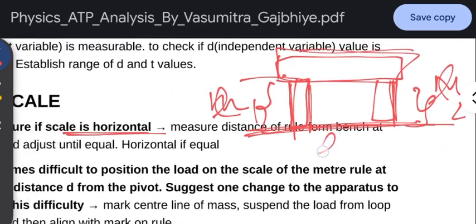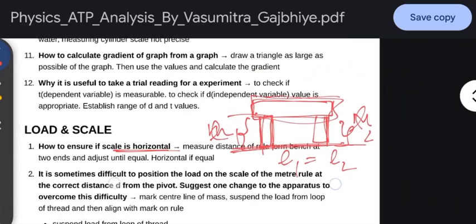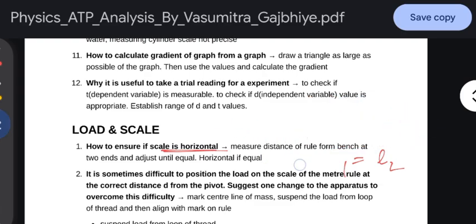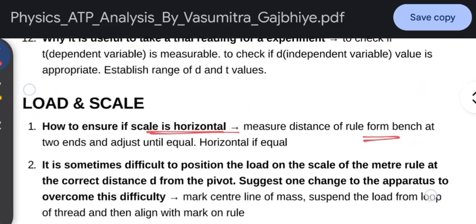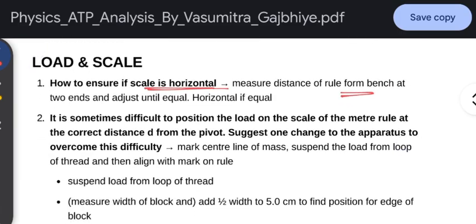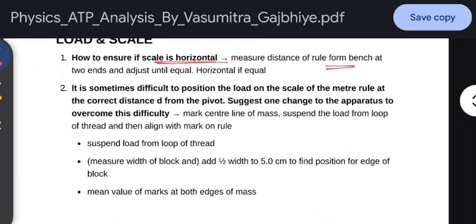If L1 is equal to L2, it means the rule is horizontal. So measure the distance of the rule from the bench at two ends and adjust until equal; horizontal if it's equal.